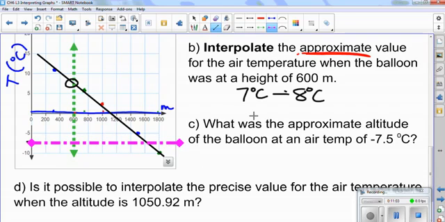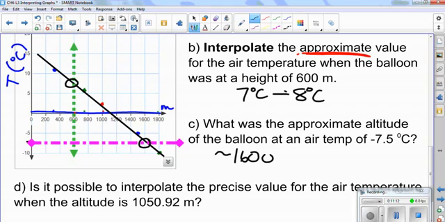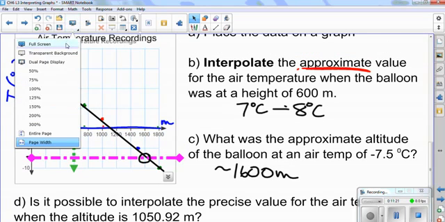Okay, and then where the lines meet, which is about here, we could say that that's pretty close to an altitude of 1,600 meters. Maybe a little bit below, maybe a little bit above, but it's approximately 1,600 meters.